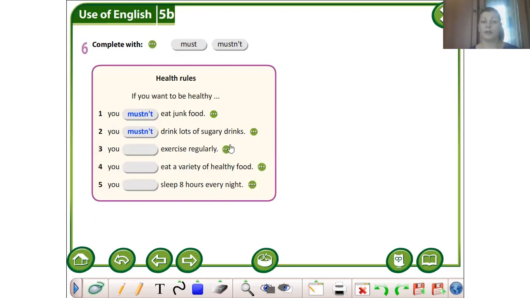If you want to be healthy, you must exercise regularly. If you want to be healthy, you must eat a variety of healthy food. If you want to be healthy, you must sleep 8 hours every day. Well done.